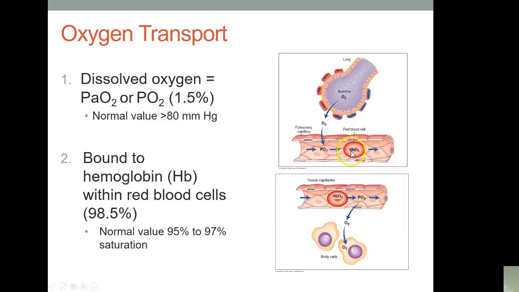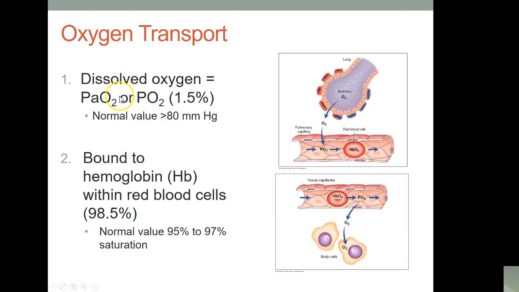Okay, so oxygen binds rapidly and reversibly to hemoglobin. So our normal saturation value, this is the percent of hemoglobin that is bound to oxygen, is about 95 to 97%. So about 95 to 97% of oxygen binding sites on hemoglobin are occupied by oxygen in arterial blood.